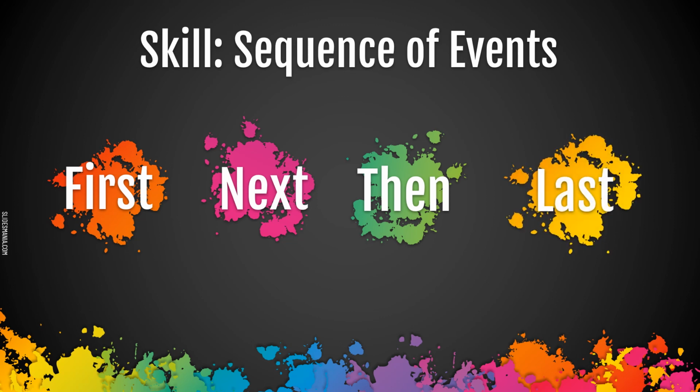Okay, and last but not least, we have the end, which is the last part, when the problem is solved, everything is fine, the ending of our story goes on our last. Okay, basically, sequence of events is telling the story in the correct order.